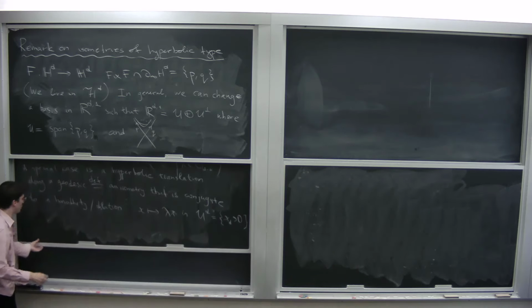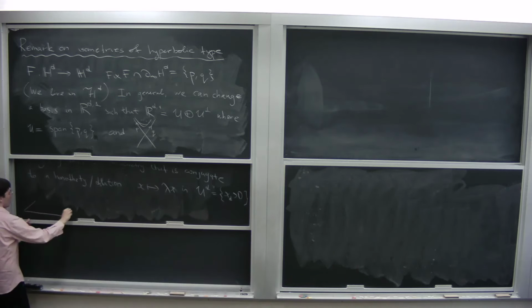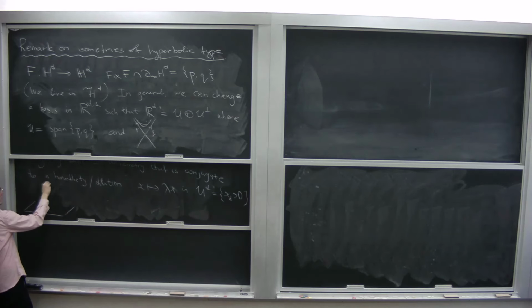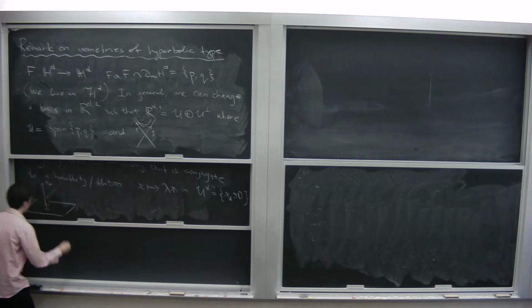So let me draw the picture. This dilation is a translation along the vertical. This is the origin, this is my axis xd, and this is a geodesic. So this is a homothety.